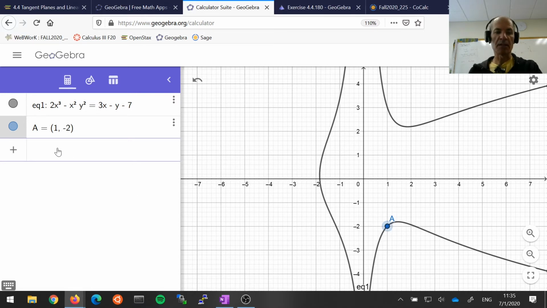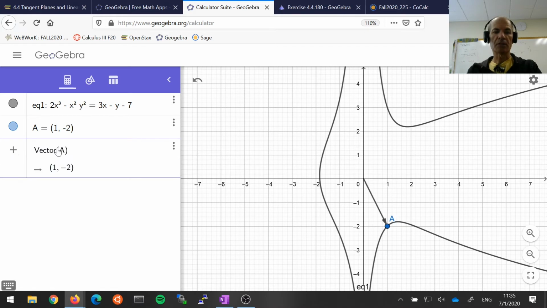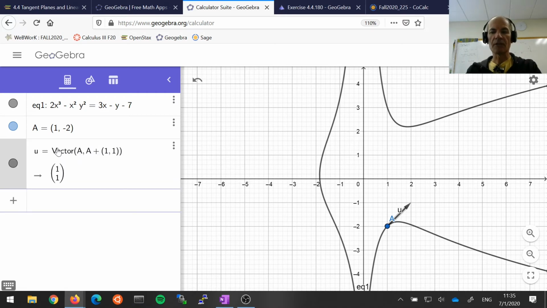It does to me. Let's put a vector there. We'll build a vector, tell it to start at A, and go from A out to the point (1, 1), like that. And that certainly looks like it's pointing tangent. If you want, we can get our normal vector.